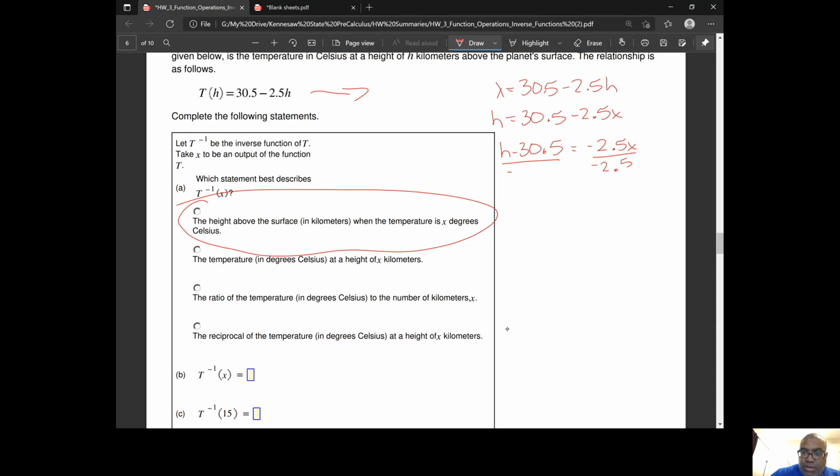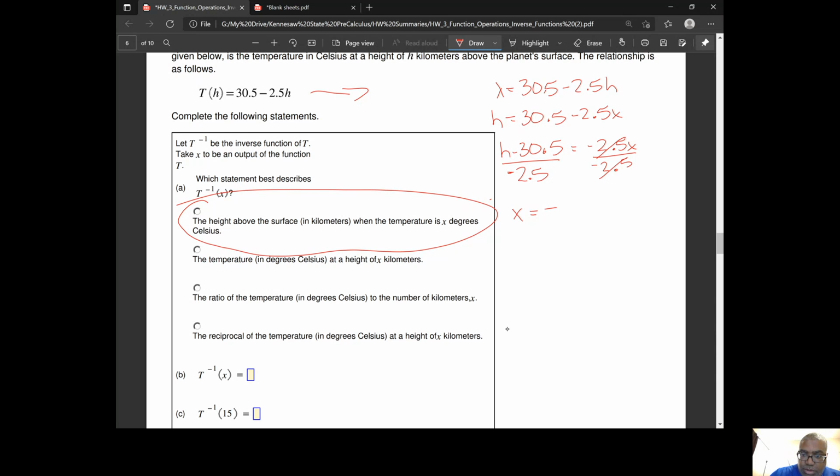Minus negative 2.5, they cancel each other out, and I'm left with x being equal to... Oh, well, I solved for x, but it ends up being T inverse.